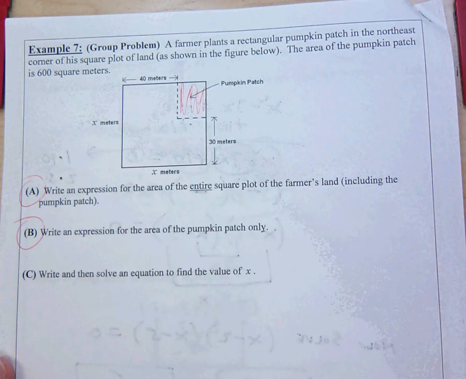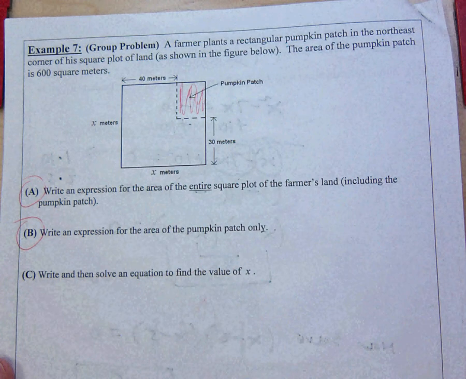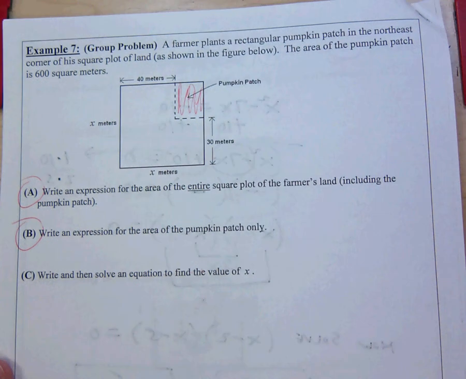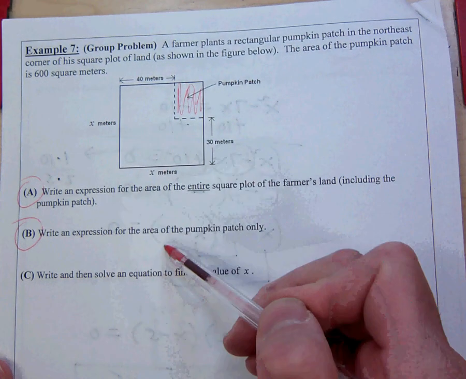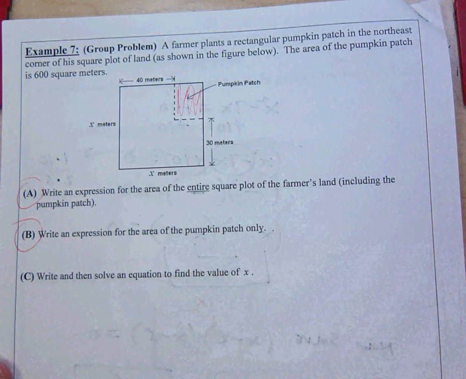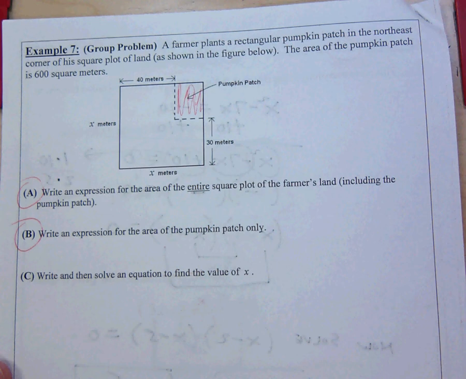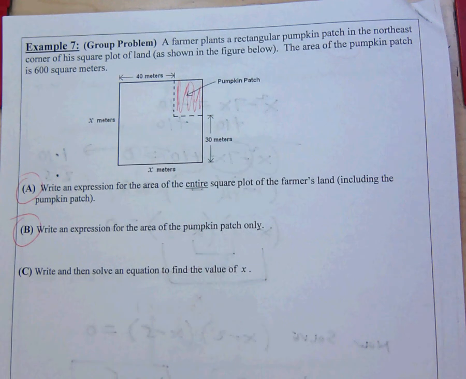Okay, that's a pumpkin patch. And I want everybody to write something down for A and B. And again, as IB learners, you guys better be risk takers. In other words, don't sit there and wait for me to show you. Everybody take a risk and write down what you think the answer is to A and B. Whether it's right or wrong, doesn't matter for right now. You still want to take a risk and see what you can get. By waiting for me, you're not taking a risk.